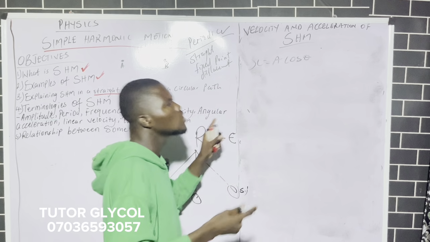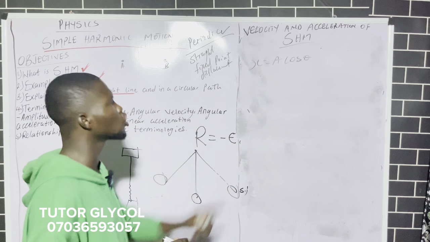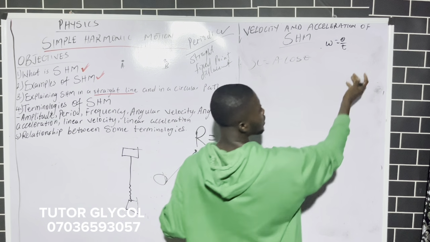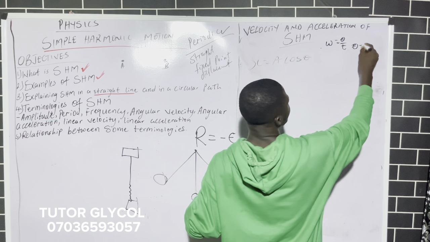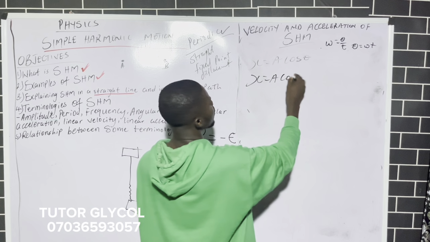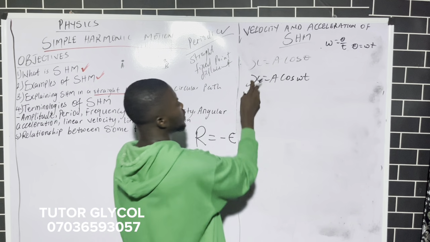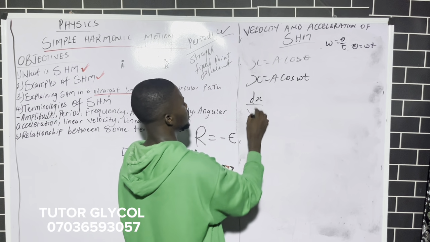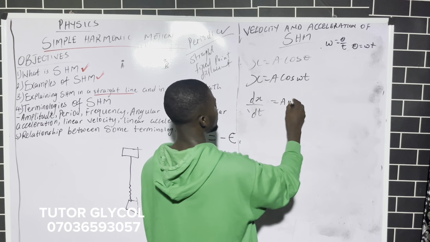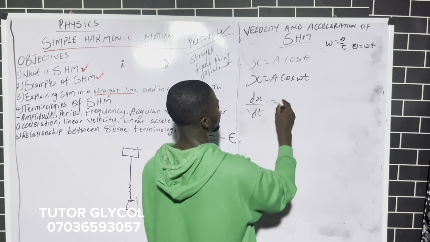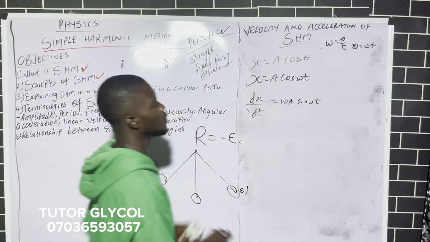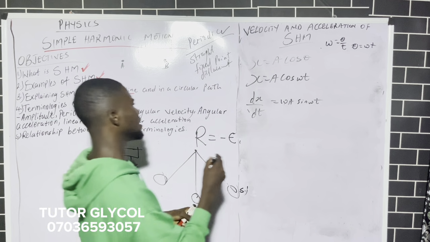I also said that ω is equal to θ over t, so if you cross multiply, θ is equal to ωt. So I can substitute this and have x is equal to A cos ωt. If you differentiate this, dx/dt is equal to Aω, or is it ωA, anyone, ωA sin ωt. The cos will give, is it negative?